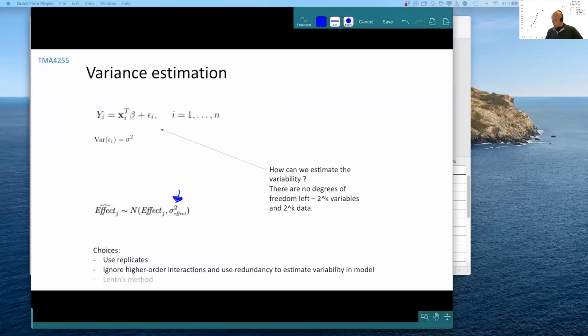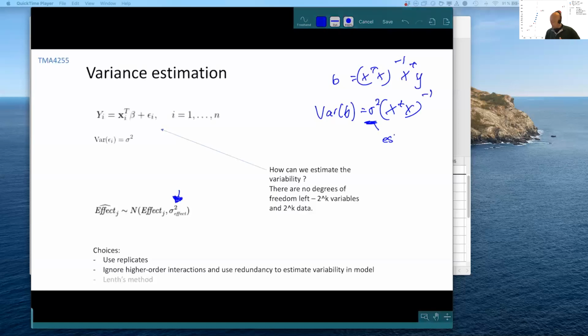And in a usual regression model, how did we estimate this? Well, we got B first, which was X transpose X inverse X transpose Y. And then we saw that the variance of B is equal to sigma squared times X transpose X inverse. We didn't know this, so we could estimate it from the residuals. So we said estimate by S squared.